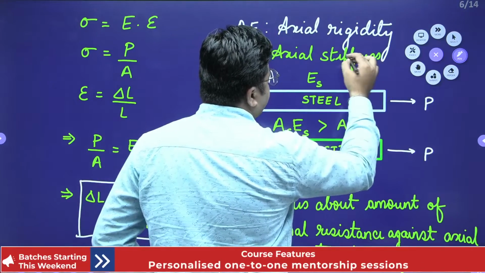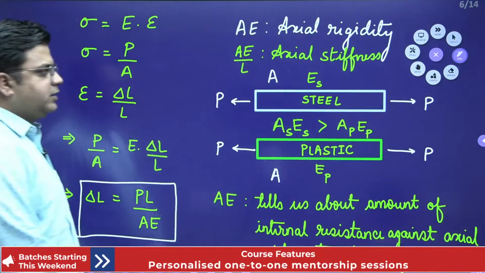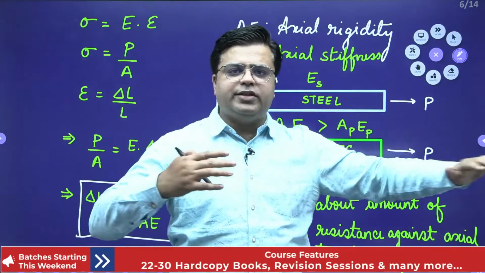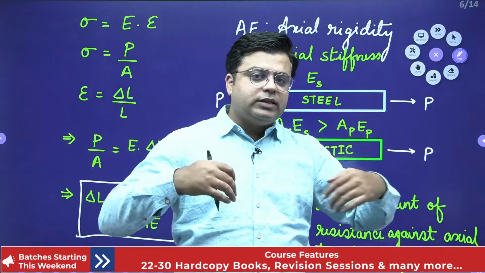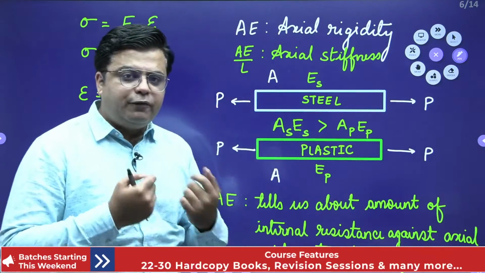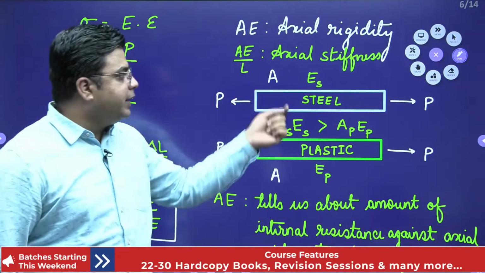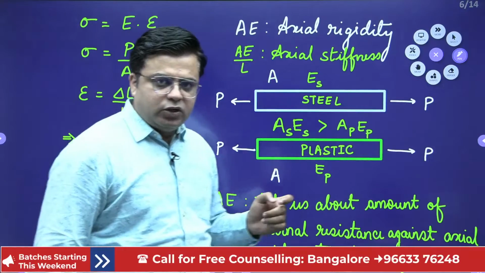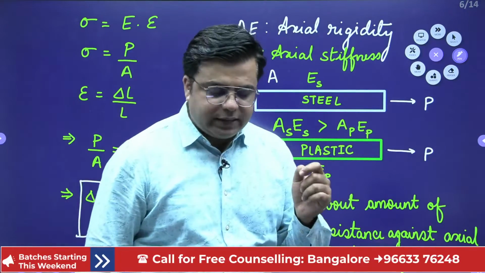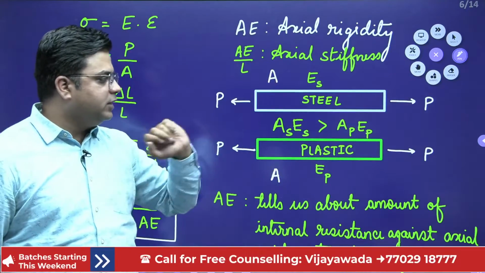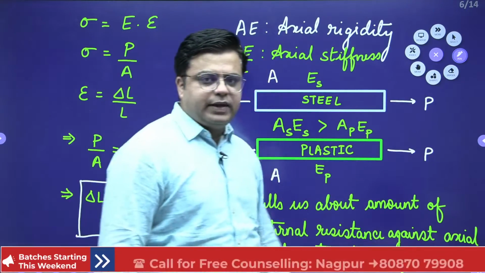Axial rigidity is for the whole length of the bar, so the amount of difficulty you face in deforming a unit length of the bar is termed as axial stiffness. I hope this is very clear to you.